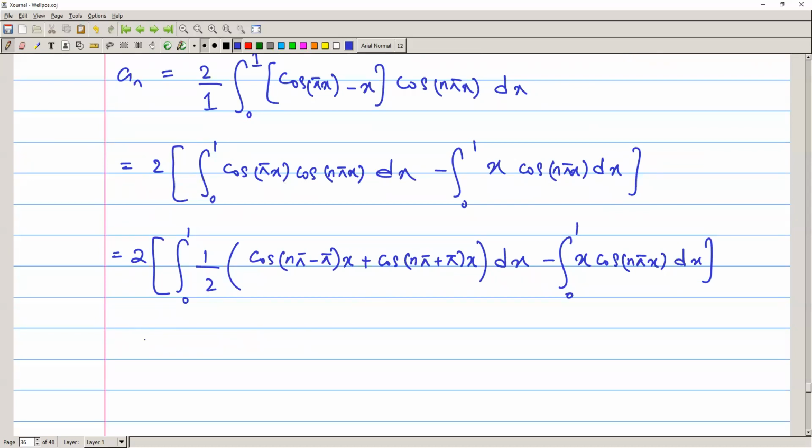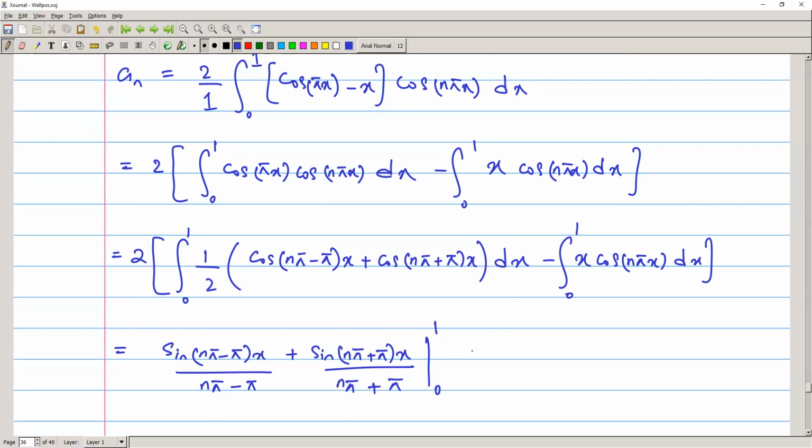Now from here we can see that this integral will be sine of n pi minus pi times x over n pi minus pi, plus sine of n pi plus pi times x over n pi plus pi, limit from 0 to 1.